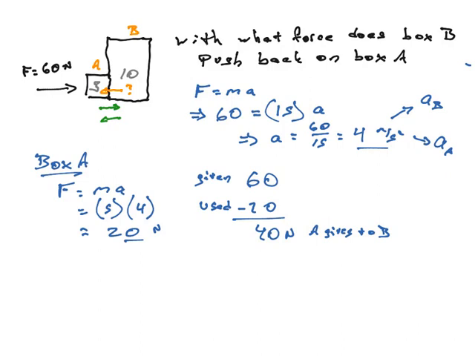And then I calculated, well, how much force does it take for A to get up to that 4? F equals ma, his mass is 5, his acceleration wants to be 4, he needs 20 newtons of force. And then I said, well, I gave A 60 at the beginning, he only used 20 of it, so there's 40 left over. That must mean A pushes on B with this leftover force of 40.